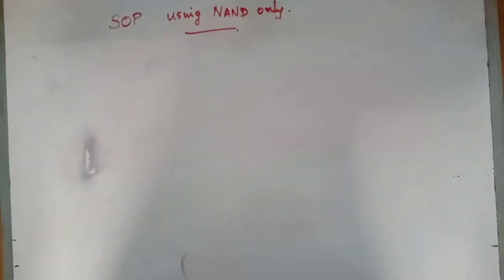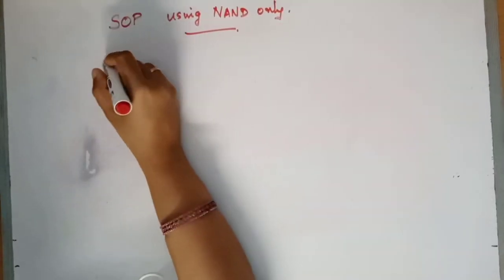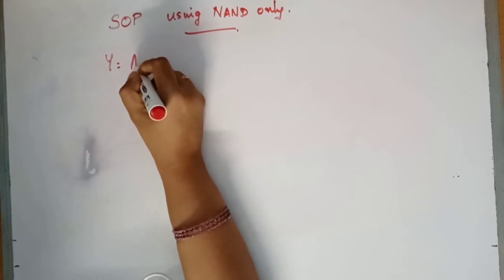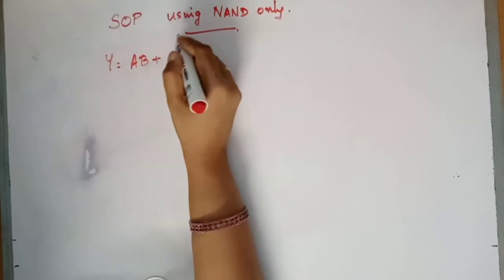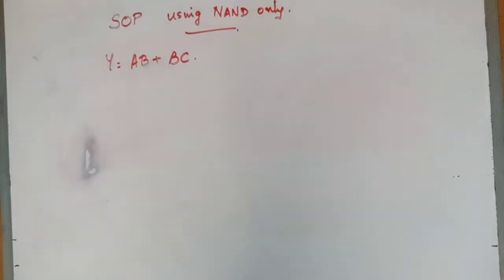Now, next is SOP using NAND only. So if you have a sum of product, suppose you have an expression Y equal to AB plus BC, a simple sum of product equation.